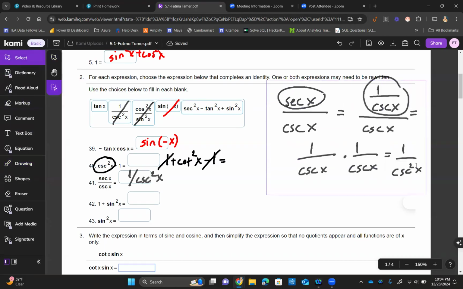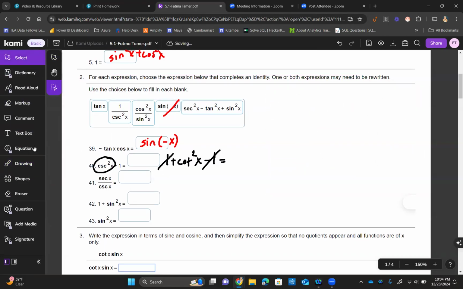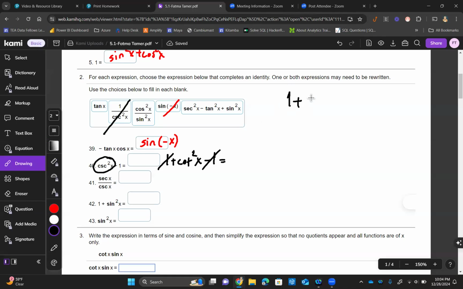Next one here is 1 plus sine squared x. Let's see what we can do here. Because this looks more complicated, let's try to actually simplify it.